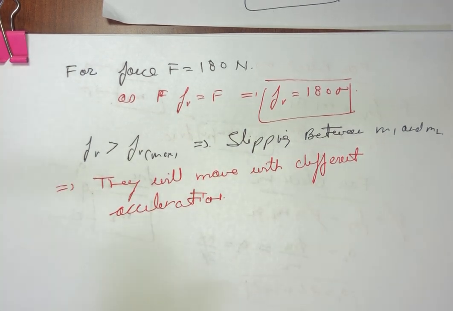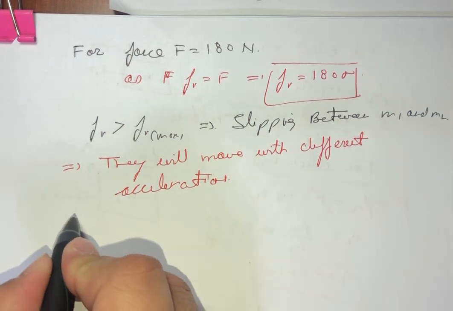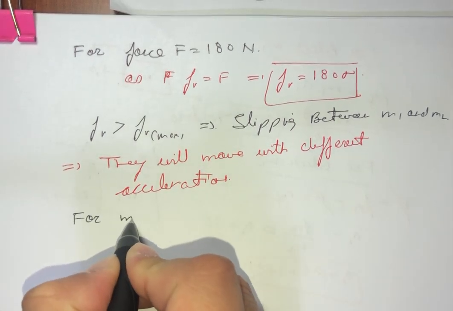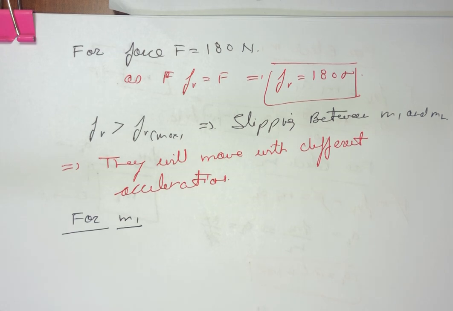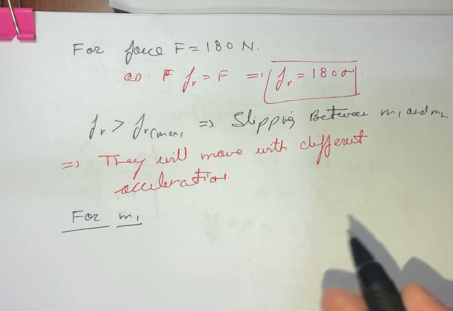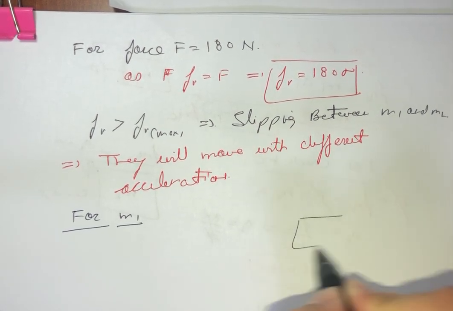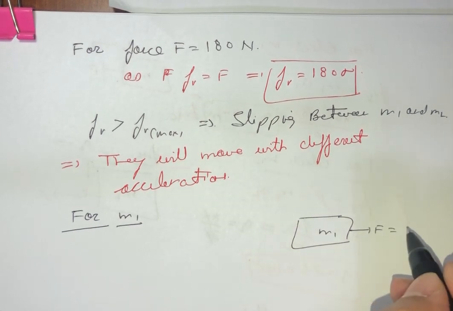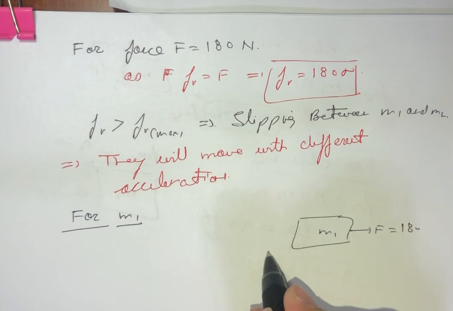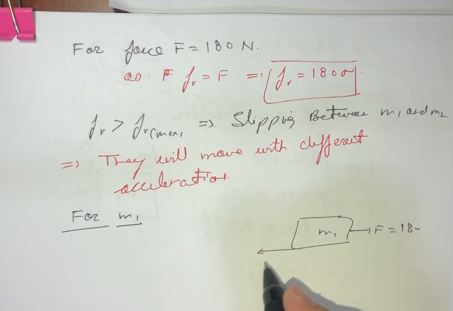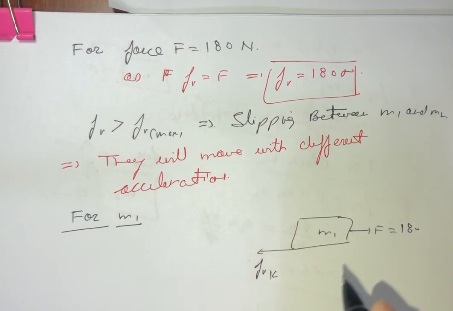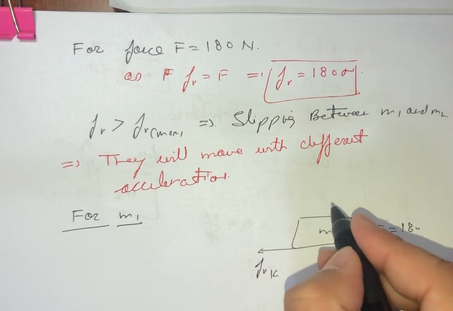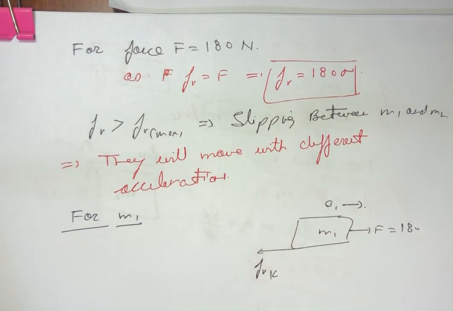For M1, this is our M1, we have applied force F which is 180, and now we have kinetic friction Frk and acceleration A1.